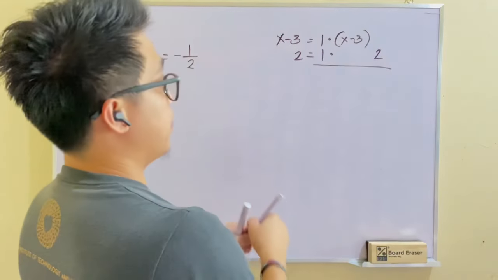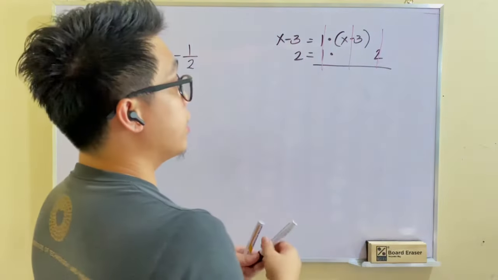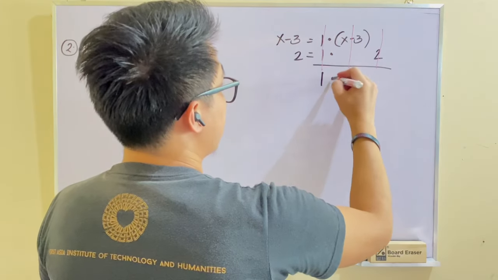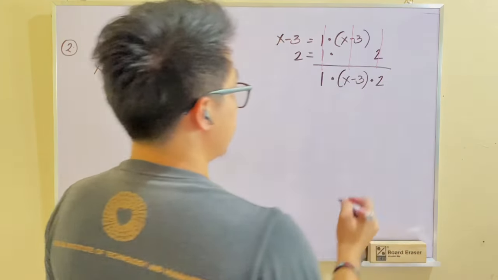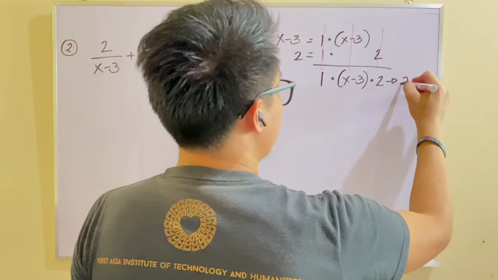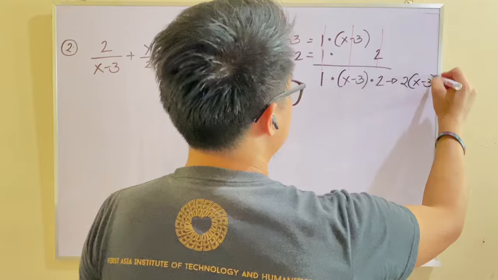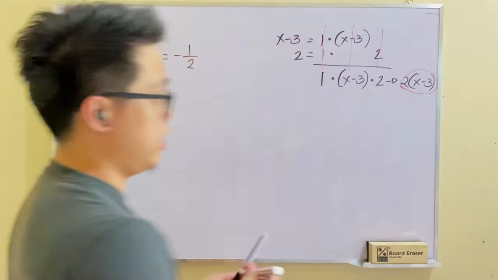So, pagtapat-tapatin lang ulit natin. So, makukuha natin is 1 times x minus 3 times 2. Or, equivalent siya sa 2 times x minus 3. So, therefore, siya yung ating LCD.